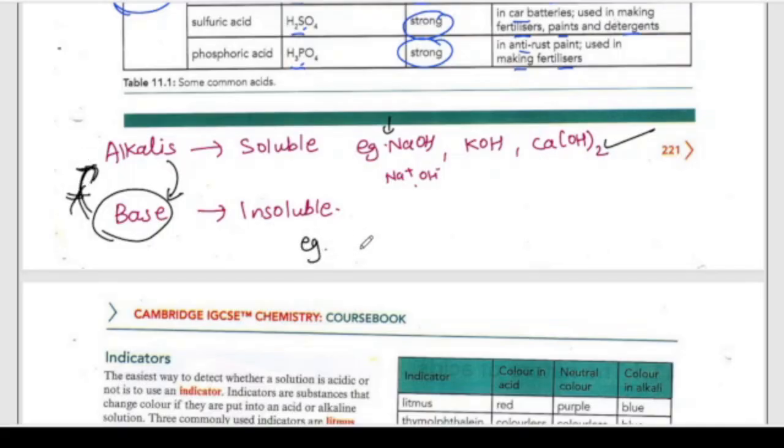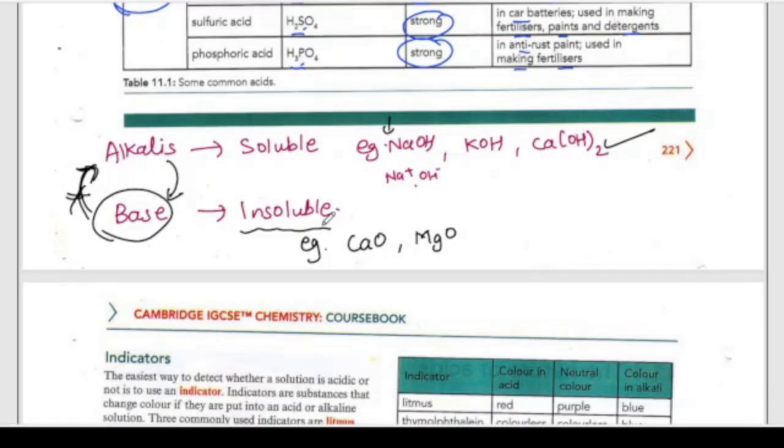Calcium oxide, MgO, magnesium oxide, right? These are oxides of metals which are basic in nature, but they will not dissolve, they are not soluble, and that's why they have a different category of naming, that is insoluble base.